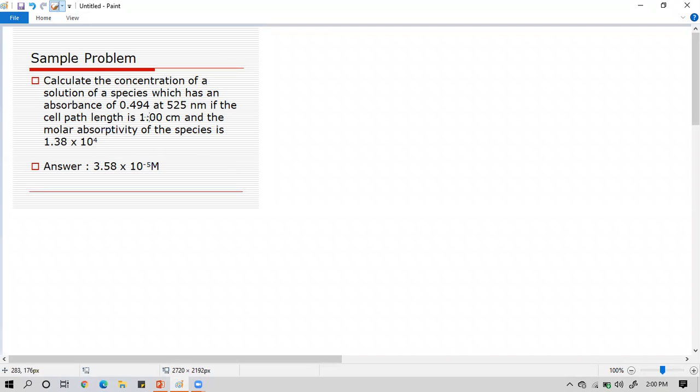If the cell path length is 1 centimeter and the molar absorptivity is 1.38 times 10 raised to 4 liter per mole centimeter.